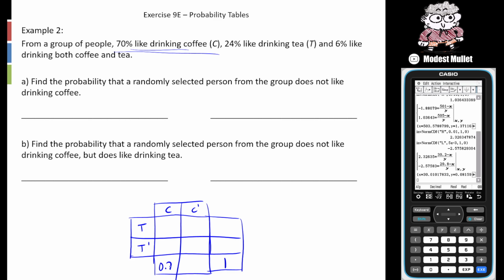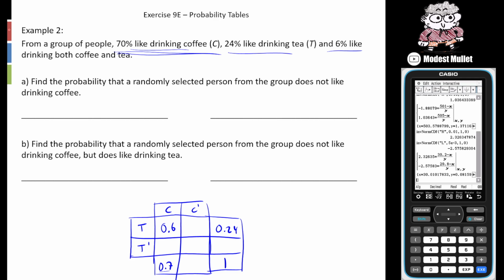So that needs to be 0.7 there. And that's what I mean about, doesn't matter if they do like tea or don't like tea. Looking at this first statement, we don't know about these two boxes here, but we do know that's 70% like coffee, so it's a 0.7 down the bottom. 24% like tea, so same thing, that has to be 0.24 over there. And 6% like both, so both is in here in the middle, so that needs to be 0.6.